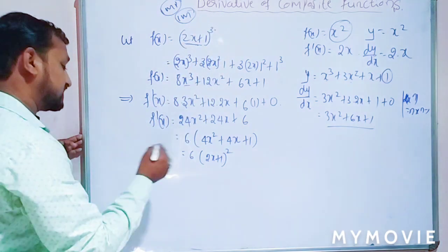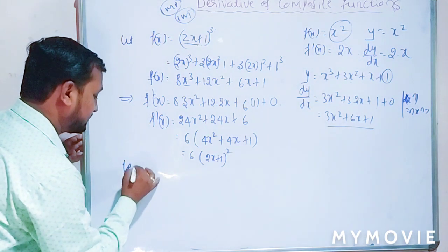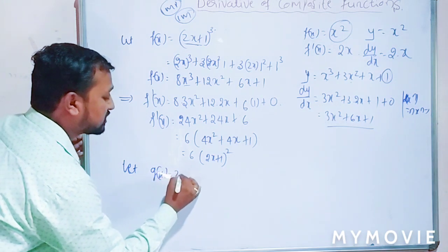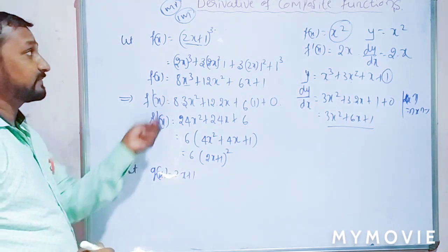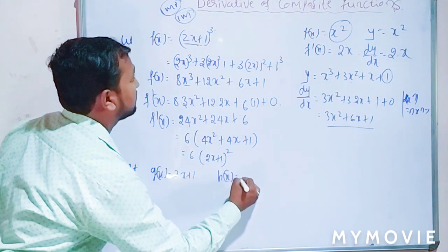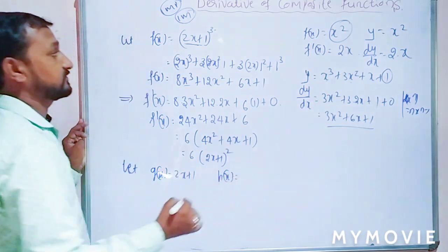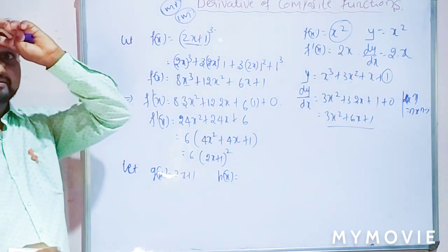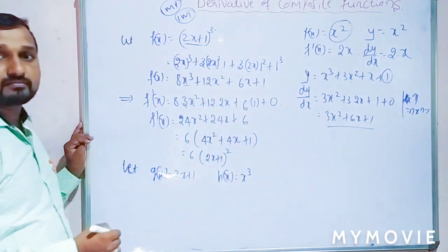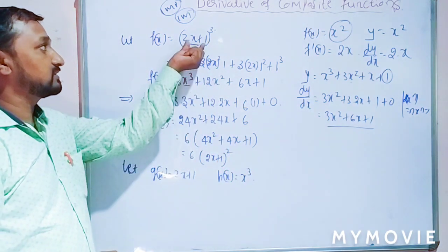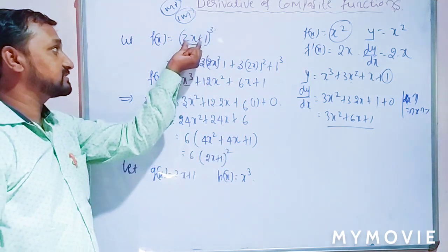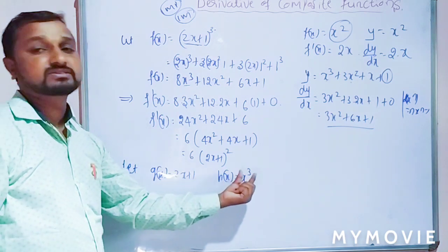I can take g of x as 2x plus 1, and h of x I can take as x cube form. This is a combination of functions; instead of x, the remaining function is 2x plus 1.